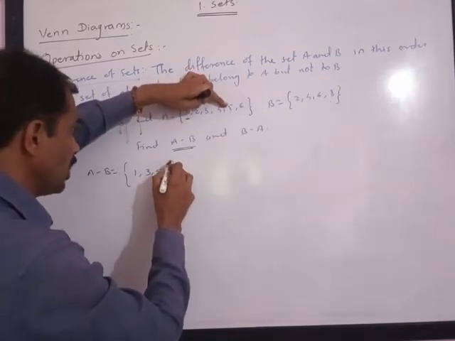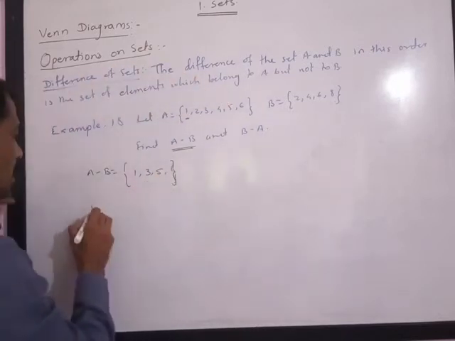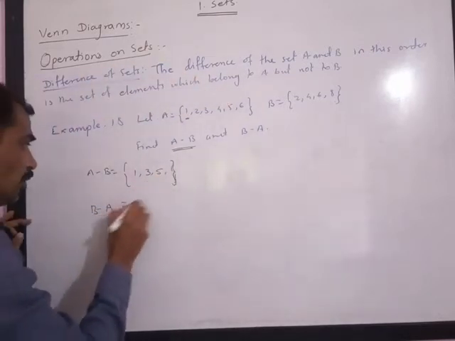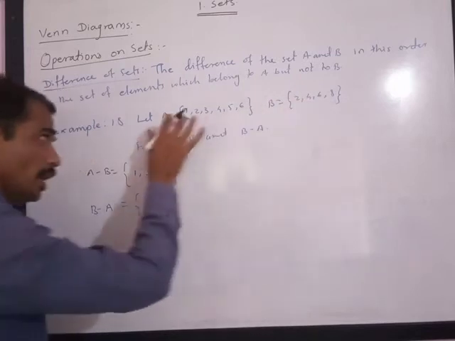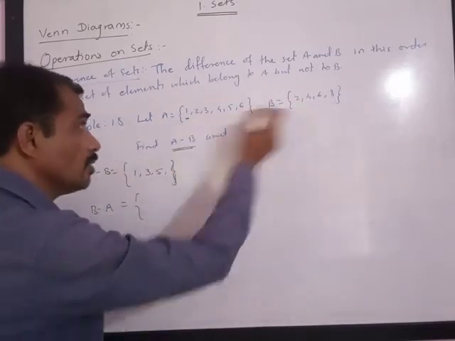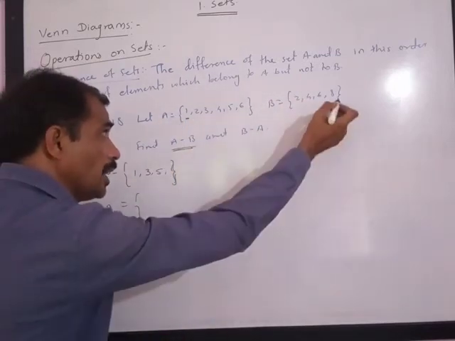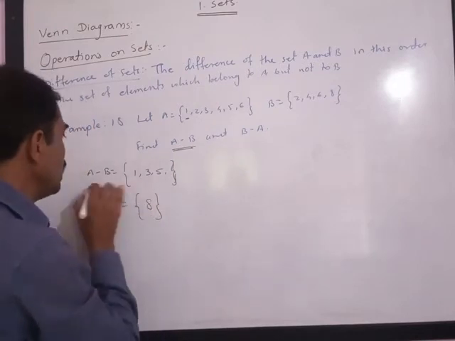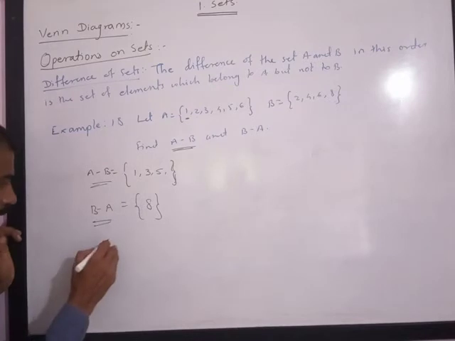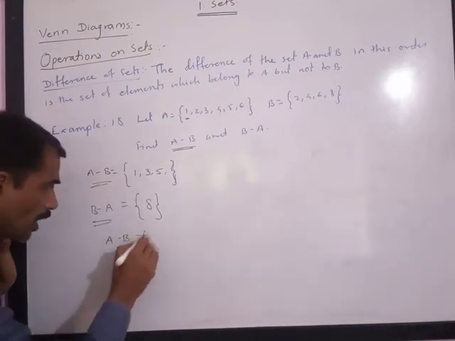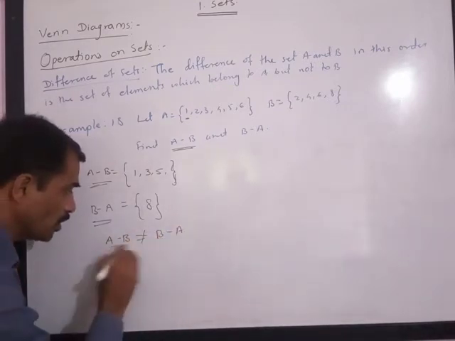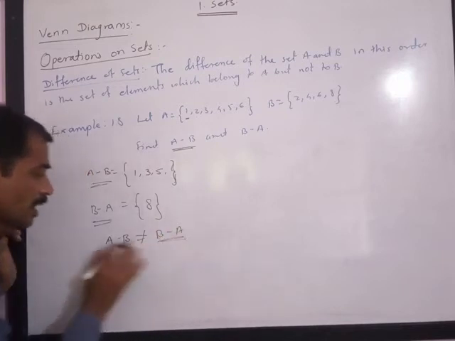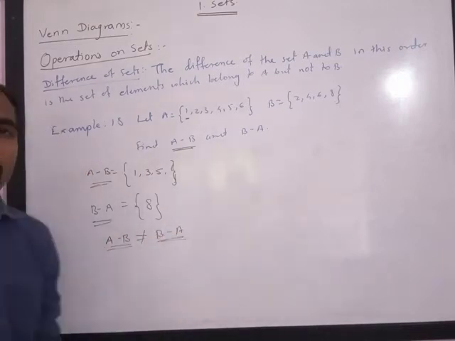So it is the set of 1, 3 and 5. Then B minus A is the set of those elements which are there in B but not in A. So 2 is there, 4 is there, 6 is there, but 8 is not there. So the set of 8. Please note again, A minus B is not equal to B minus A. Both sets are disjoint sets, meaning they don't have any common element.